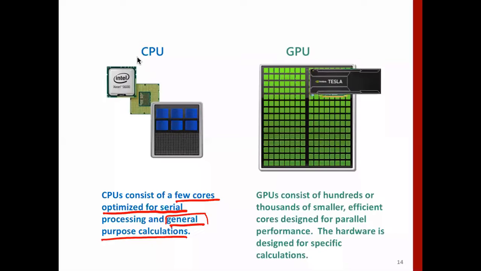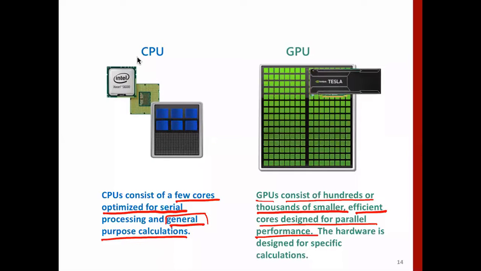Right? However, GPUs, graphic processors, consist of hundreds or thousands of smaller, efficient cores designed for parallel performance. It means that you can imagine a thousand processors connected to each other, of course over some bus system or some interconnect network.